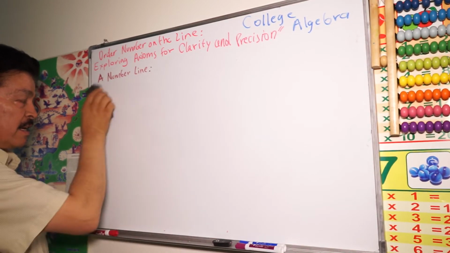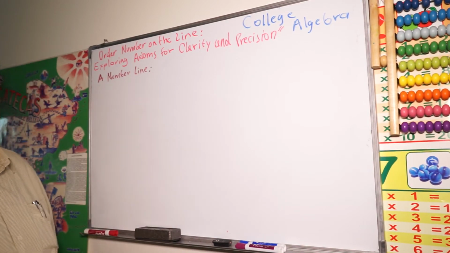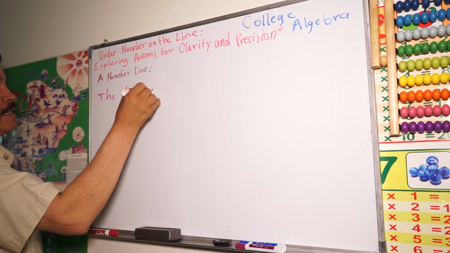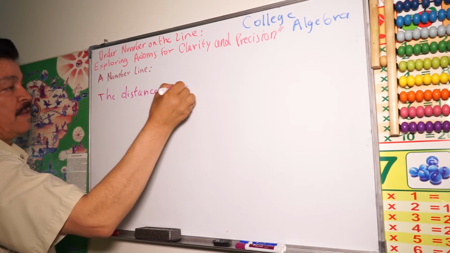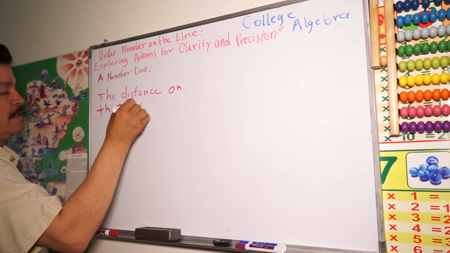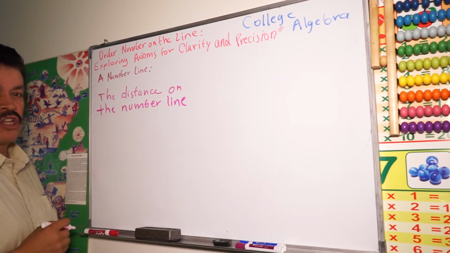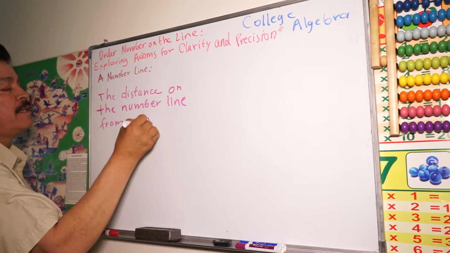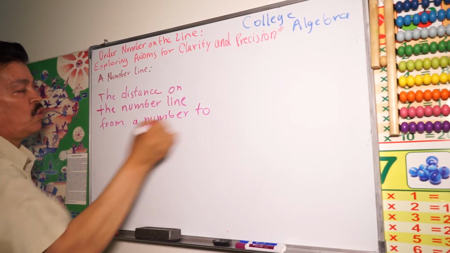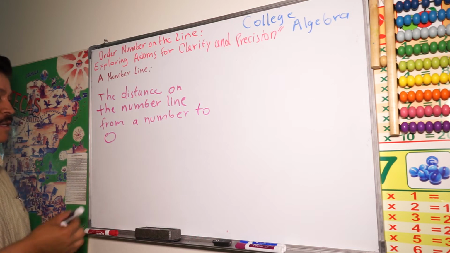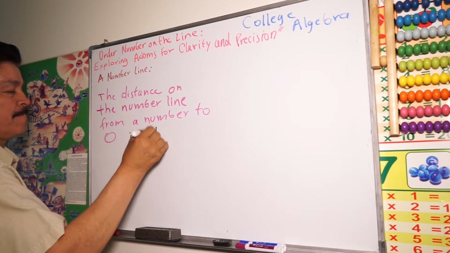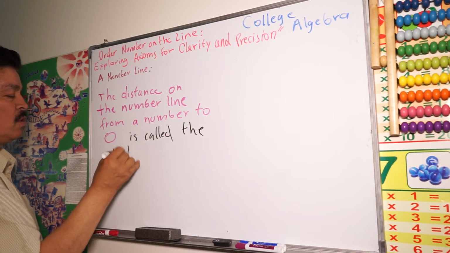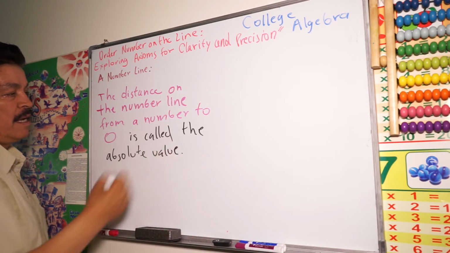Another good thing to remember is another concept: the distance on the number line from a number to 0 is called the absolute value, right?